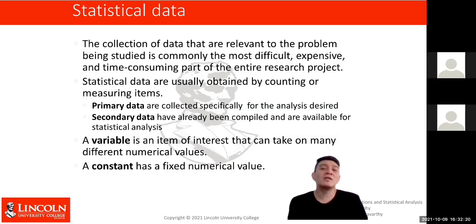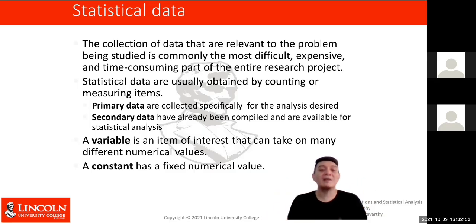The time consuming part that you have is to transcribe your written or your verbal interviews, or to transcribe the observation. That is the most difficult part for a qualitative researcher. But for a quantitative researcher, the most difficult part is the statistical data because it's time consuming, and part of the entire research project uses a lot of primary data and secondary data collection. Statistical data are usually obtained by counting, measuring items.